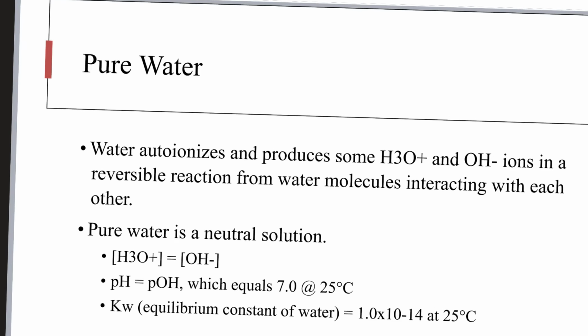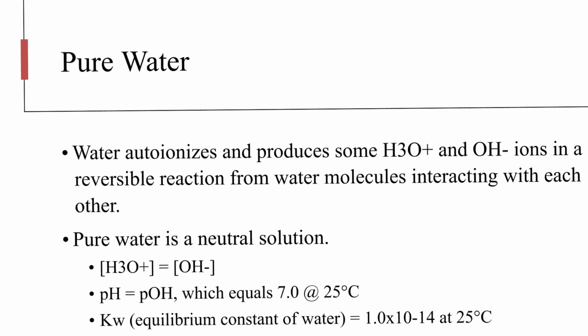Pure water is always a neutral solution, because if you have the same concentration of hydronium as hydroxide, your solution is neutral. If you have more of one than the other, then you may have an acid or base.